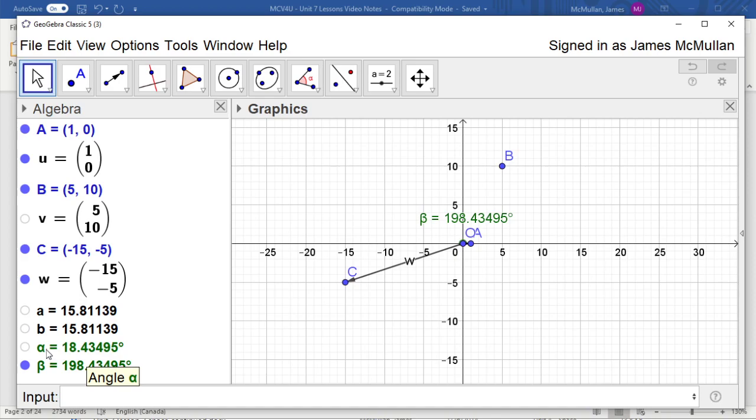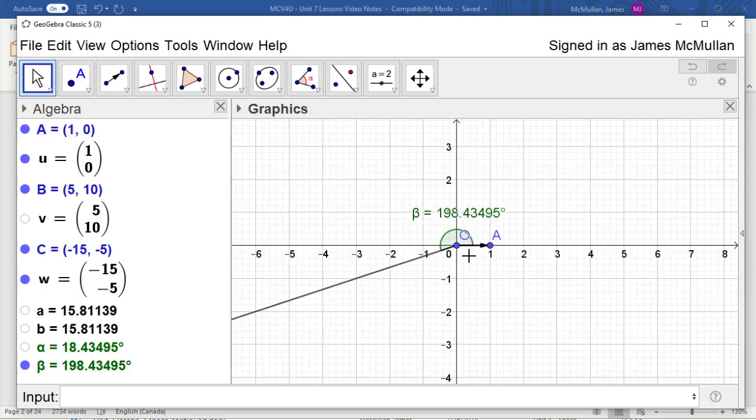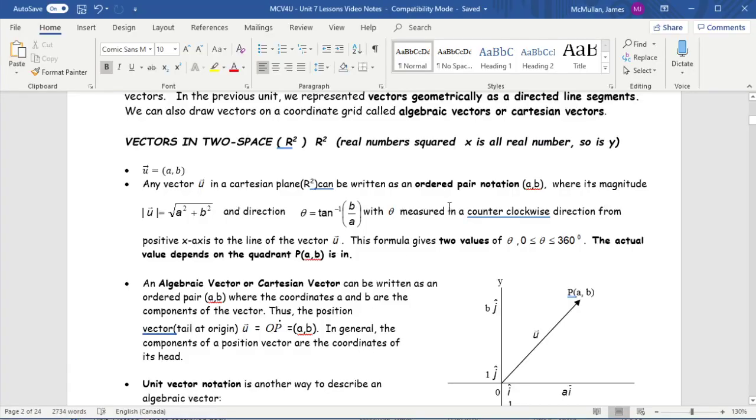Exact same as my answer. And again, the thinking there is just, well, you told me the reference angle was 18, but it's in quadrant 3, so I add 180 to it. Okay, so 198.43 would be the theta of this vector.